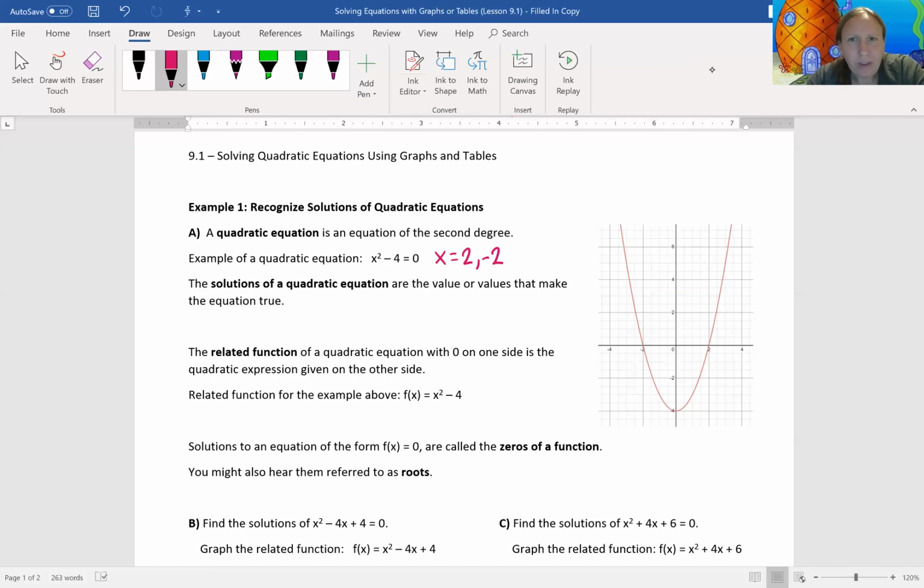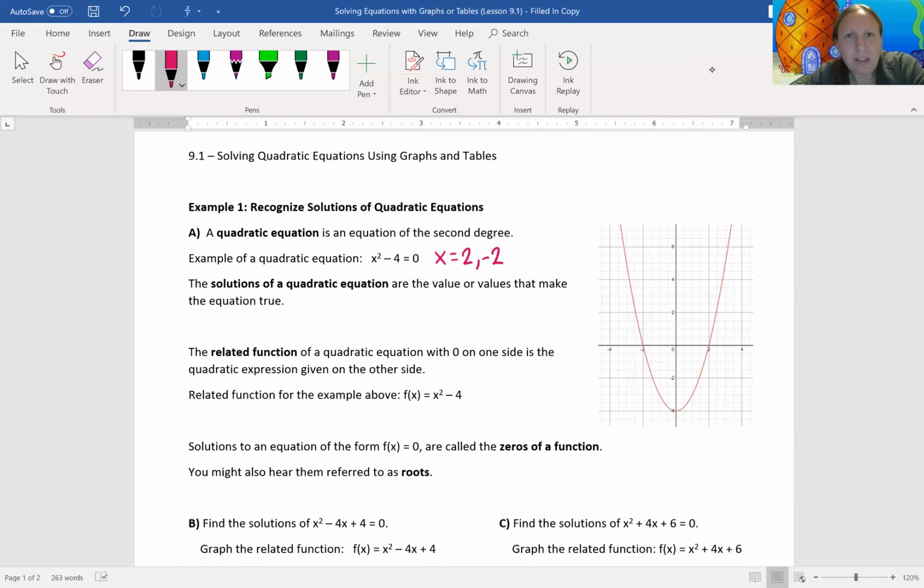So we're trying to find those value or values that make the equation true. We're actually going to have several different strategies of solving quadratic equations, okay? And the one we're going to focus on today is by using graphs and tables. First, we're going to look at the graphs of the related function. To look at a related function, the quadratic equation has to have 0 on one side.